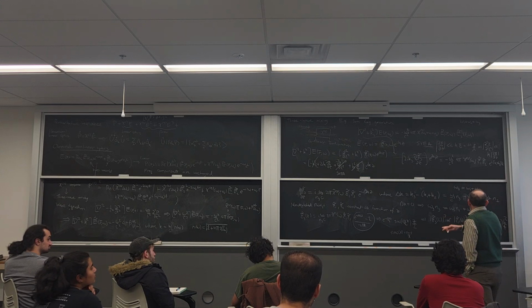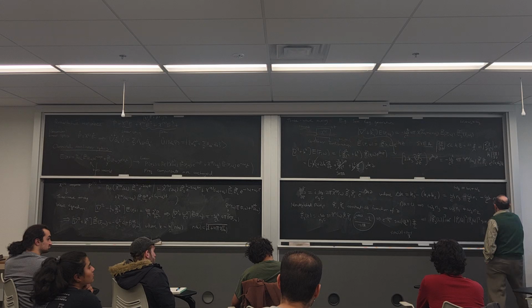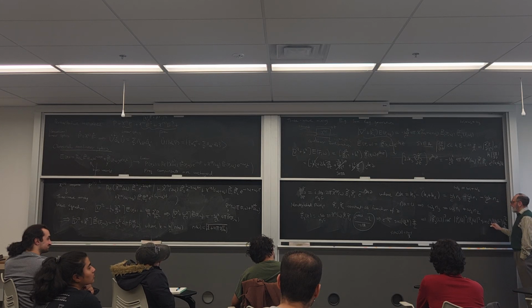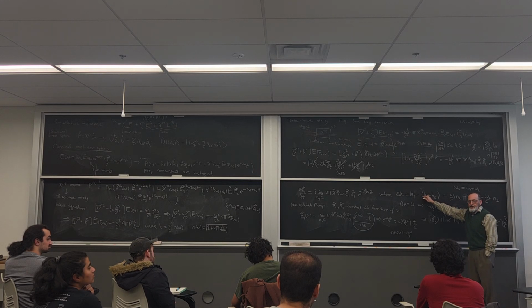So I get this quadratic growth, except there's a phase mismatch question, the question of delta K.